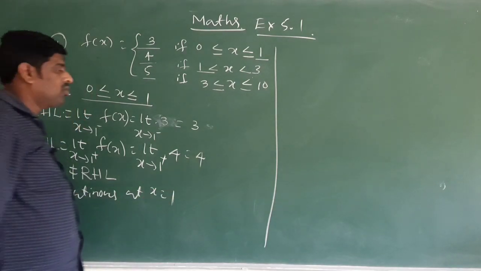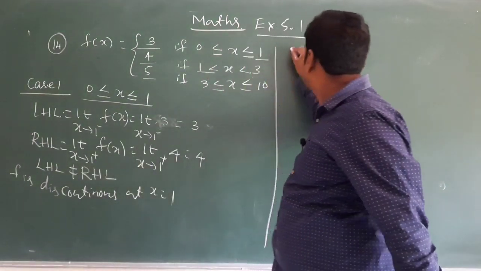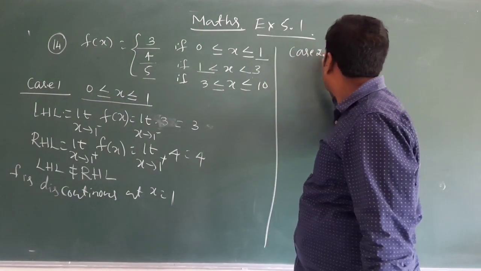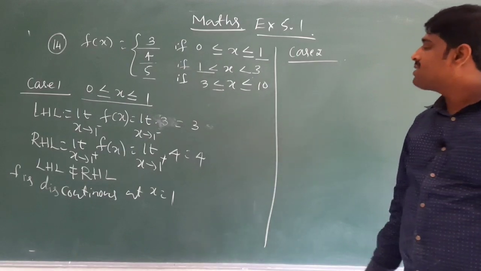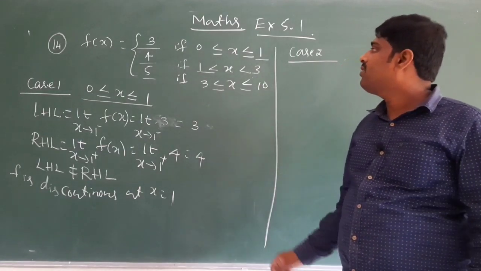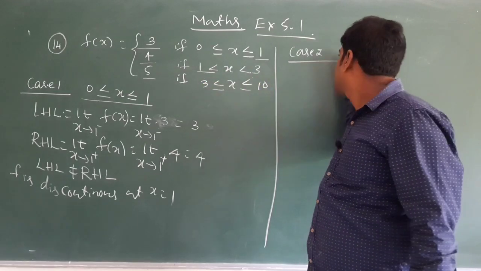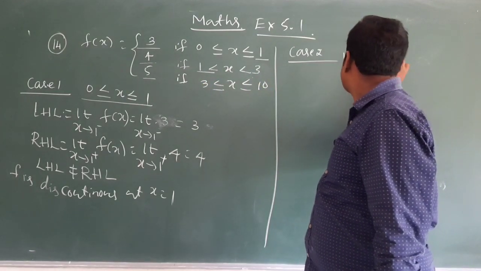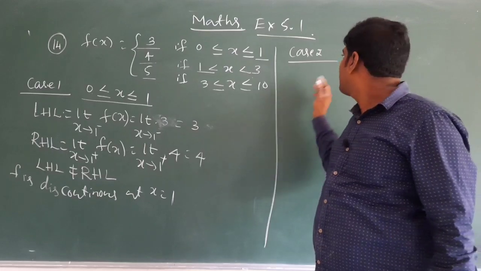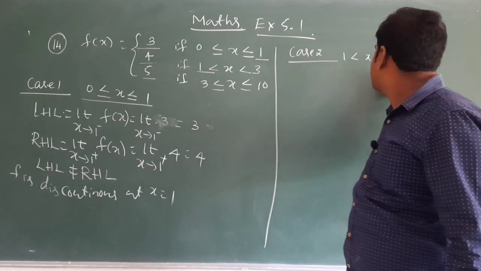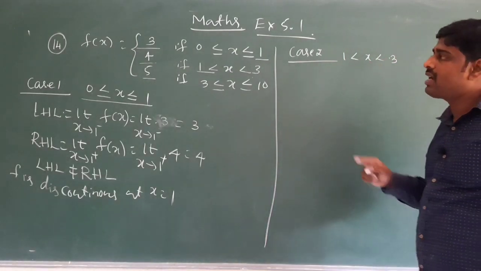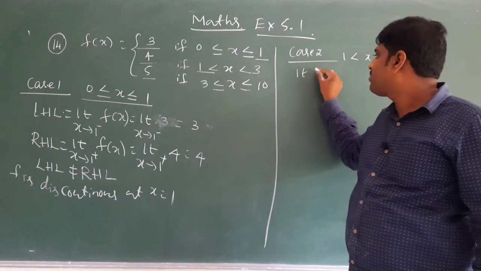Now come to case number 2. You have to check 1 less than x less than 3. Between 1 and 3, f is continuous.